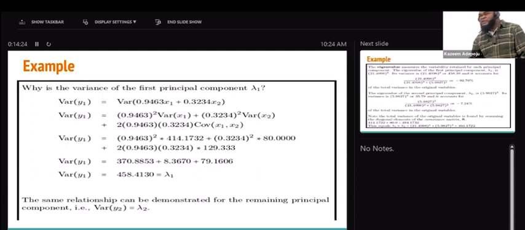Then, using the fundamental principles of statistics, when I plug in, this is going to be in terms of the variance of x1, the variance of x2, the covariance of x1, x2 that I already know from the previous analysis. When I plug that in, that will automatically give me my variance of y1. If I want to derive that manually, I'm also going to do the same for the variance of y2. Okay?